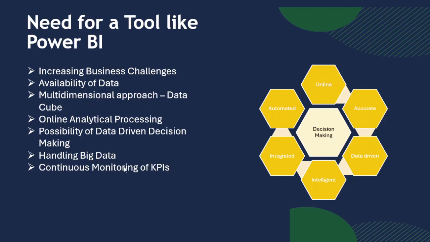Continuous monitoring of KPIs is the most important part for any kind of company. What are KPIs? KPIs are key performance indicators, and from them you will understand whether your company is working in a proper way or not.